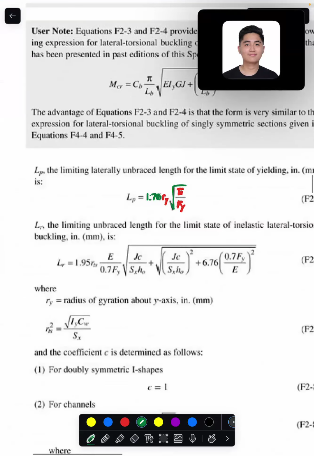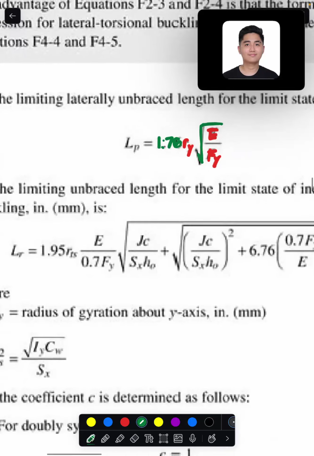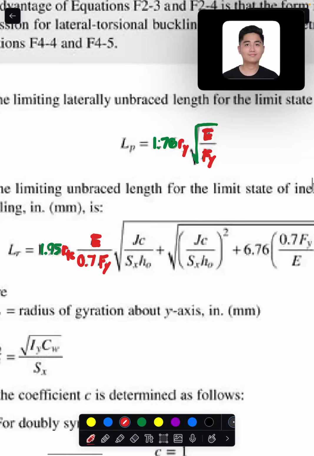Tapos ito medyo mahaba-haba, yung L sub R. So yung L sub R, kailangan natin ito. So highlight natin 1.95 RTS. Ito ay makikita mo kay table 1-1. E, we know to be equal to 29,000. 0.7 Fy, essentially ito yung residual na stress mo.